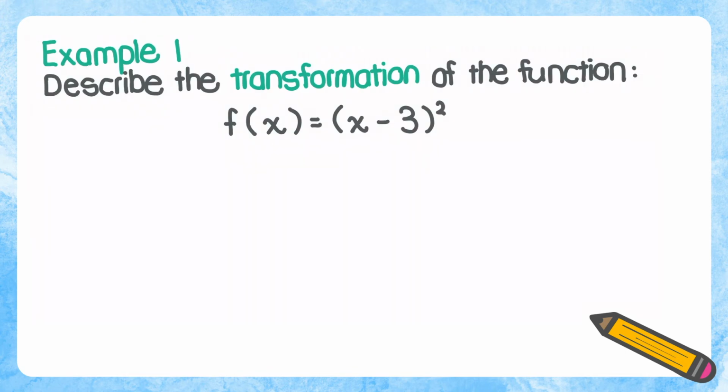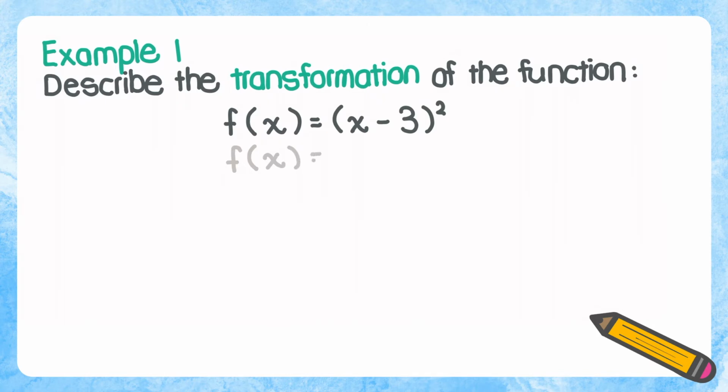For our first example, we will describe the transformation of this function, f of x equals x minus 3 quantity squared. As usual, let's compare it to our general form to see if we have an exact match. We're focusing on h today, so we ignore a and k.